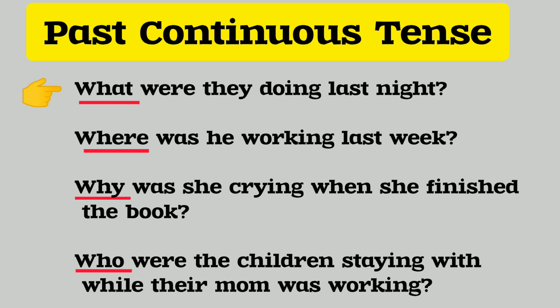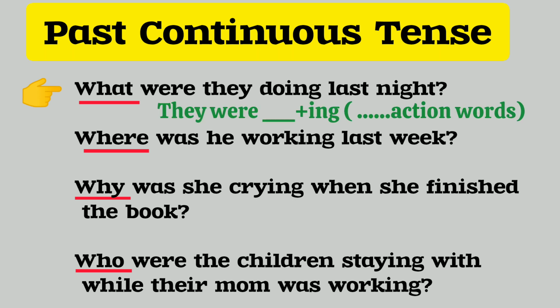So after the WH word, you put the be verb were. What were they doing last night? Notice that after the subject comes the verb with ing. The answer could be they were playing games, they were reading a book.